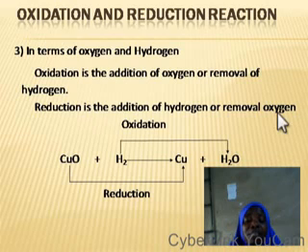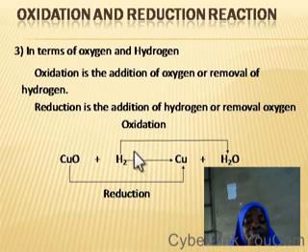Now, if you look at this particular redox reaction here, you will see copper in +2 state. Copper here has lost oxygen. That is, if you look at this arrow here, from this place to this place, there is a removal of oxygen, which is reduction.